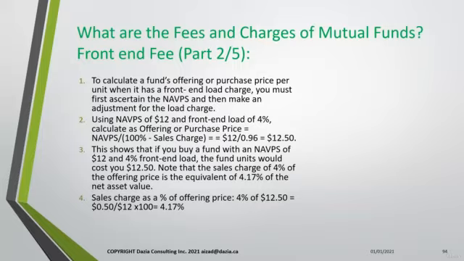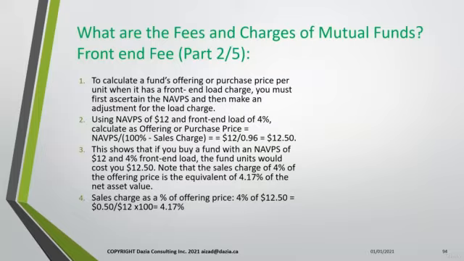So this means that if you buy a fund with an NAVPS of $12 and a 4% front-end load, the units actually will cost you $12.50. So there will be an extra amount that you have to pay. So this 4% of the offering price is actually equal to 4.17%.